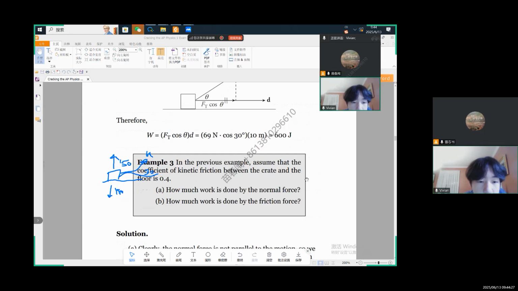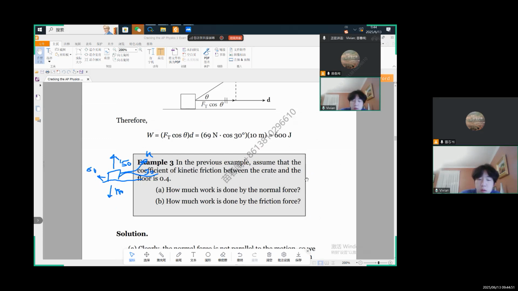And so here is 0.4, 0.4 times 150, 60. So just subtract that from last time.